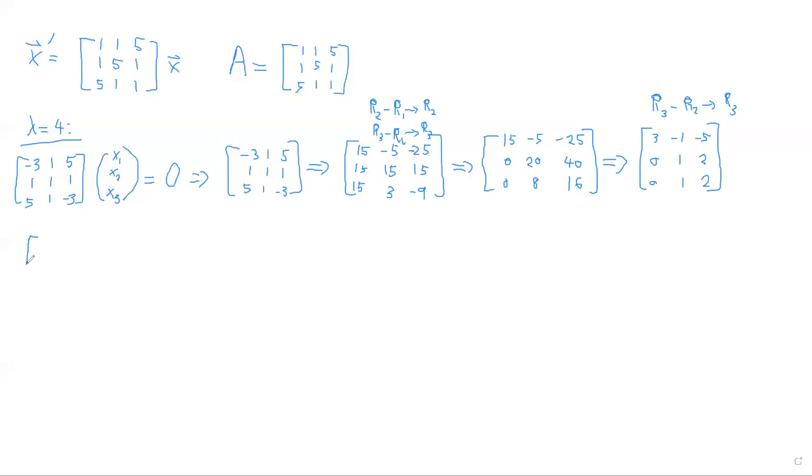So that implies 3, -1, -5, 0, 1, 2, and 0, 0, 0.